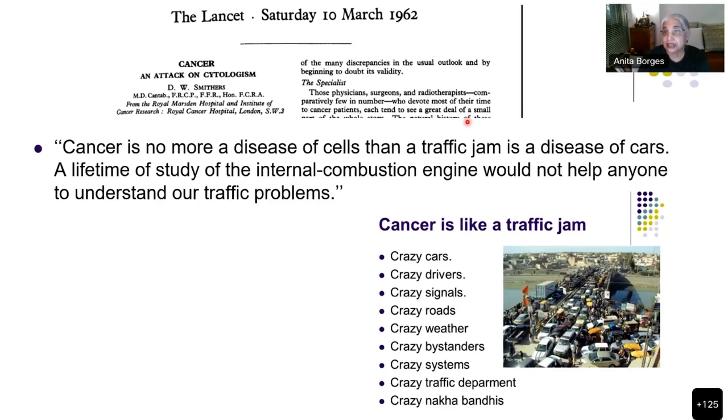Okay? So that is what we have to understand. It is not only about the cell. It can be very much about the environment. Sometimes it can be only the environment that leads to the formation of the cancer, as in the case where you transplant something that is absolutely normal into an abnormal environment.